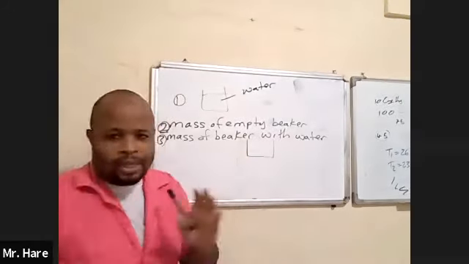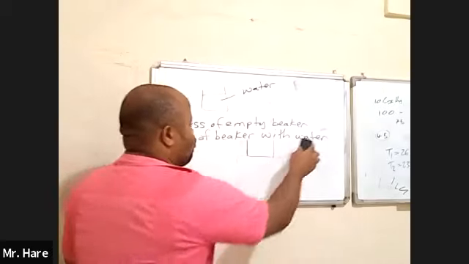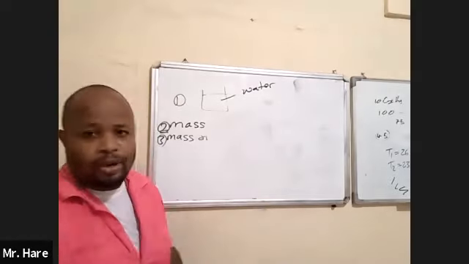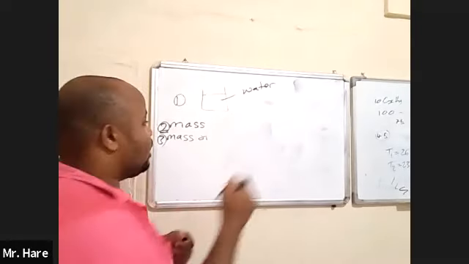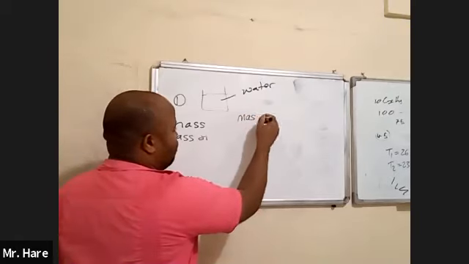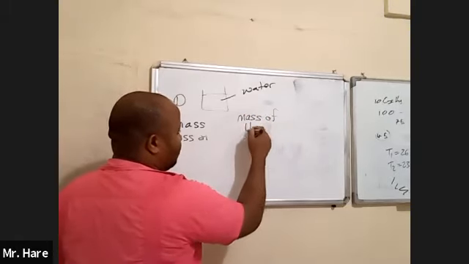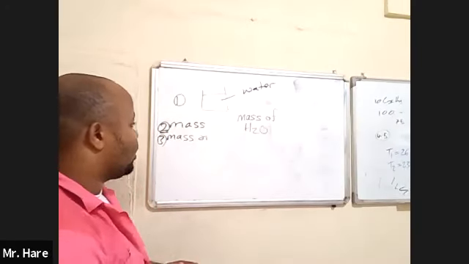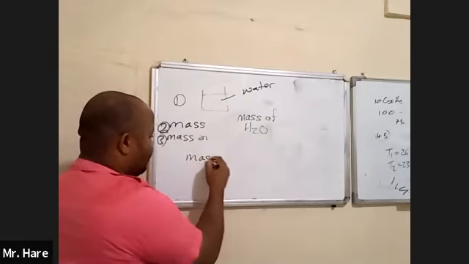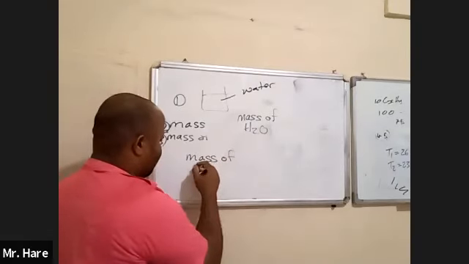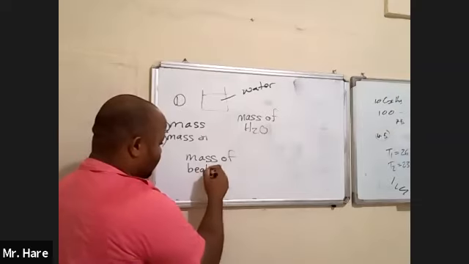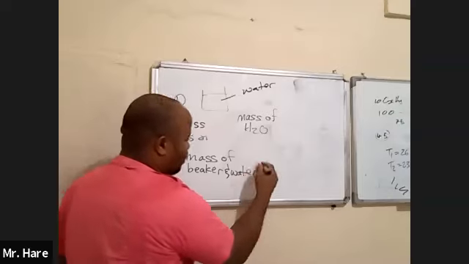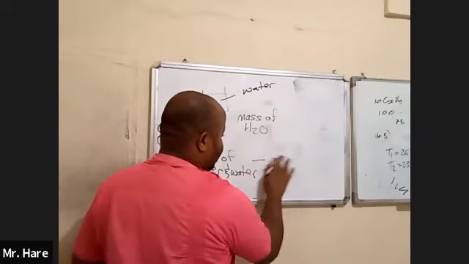So if you had done the experiment, you would have constructed a table, and a part of the table, you would have mass of water. And to get the mass of water, you would have subtracted the mass of beaker and water minus the empty beaker.